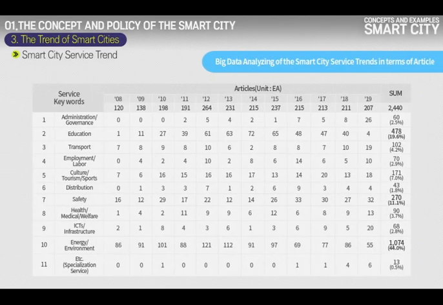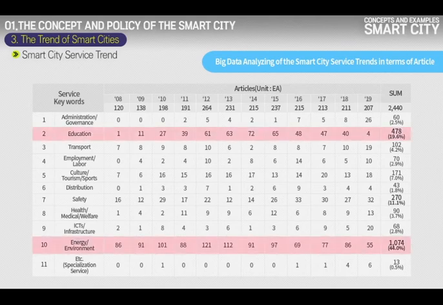The trend of smart city services was analyzed through big data analysis, focusing on Korean theses. According to the analysis, more than 75% of the trend for smart city services was in the areas of energy, environment, education, and safety.